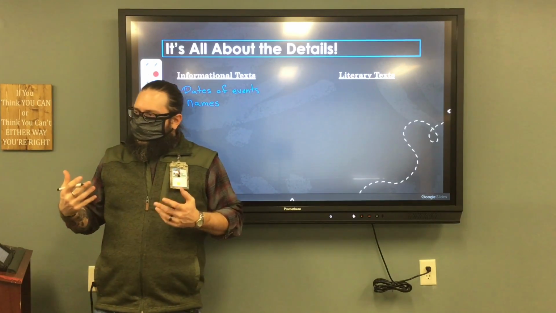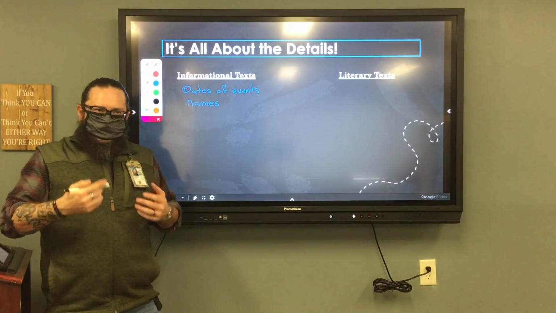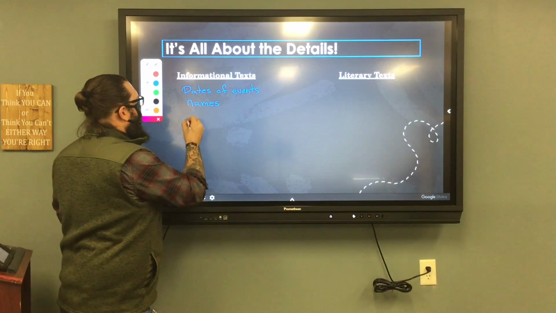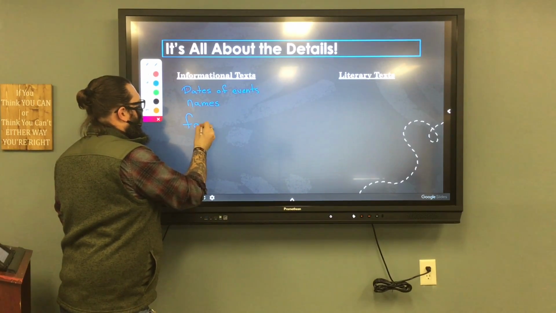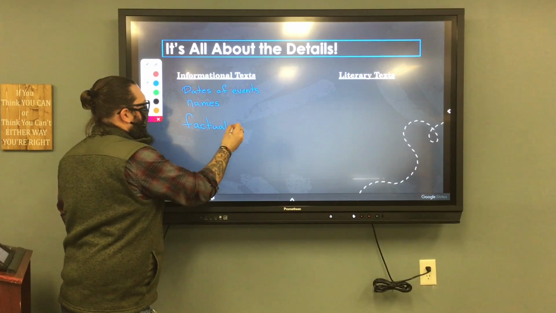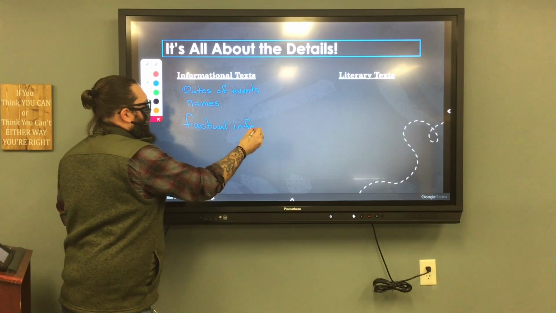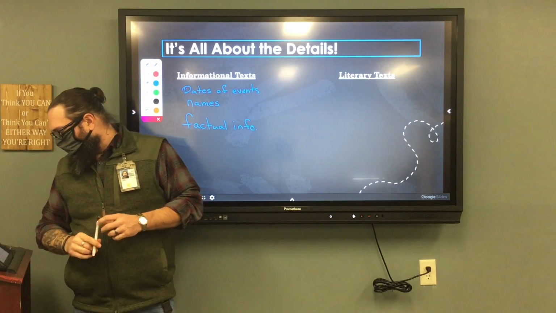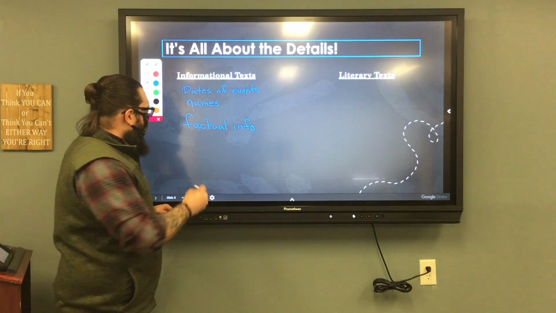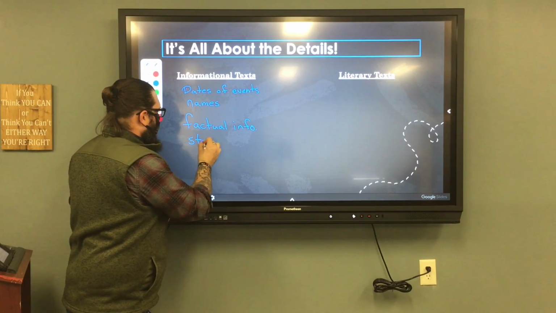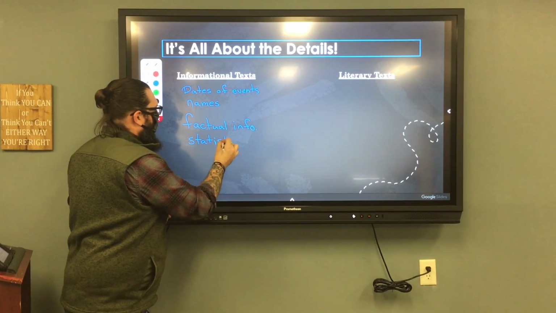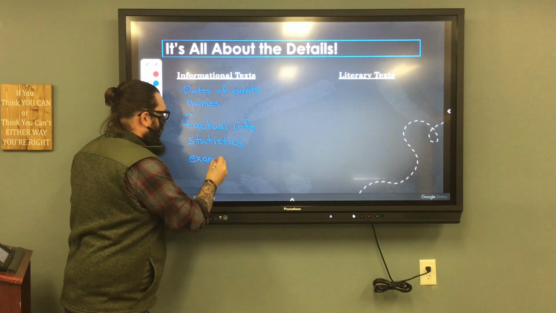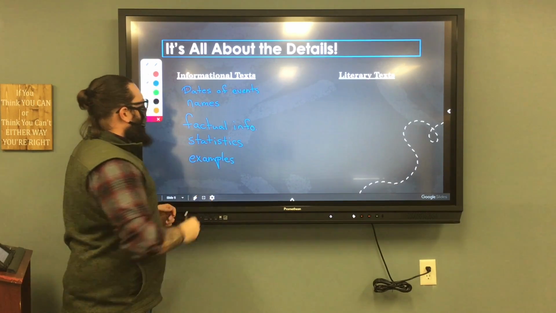With an informational text, dates and names all describe what Mr. Burns pointed out a few minutes ago: factual information. Just the facts. Statistics and examples are also details that we will find in an informational text.